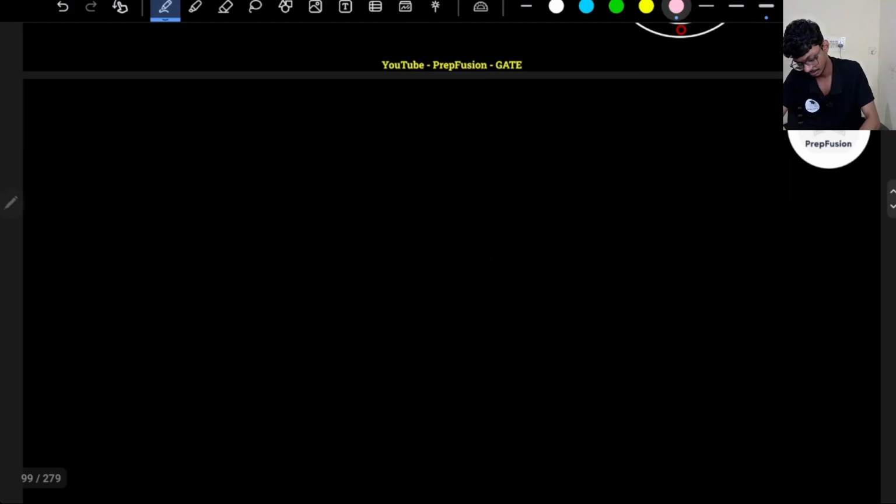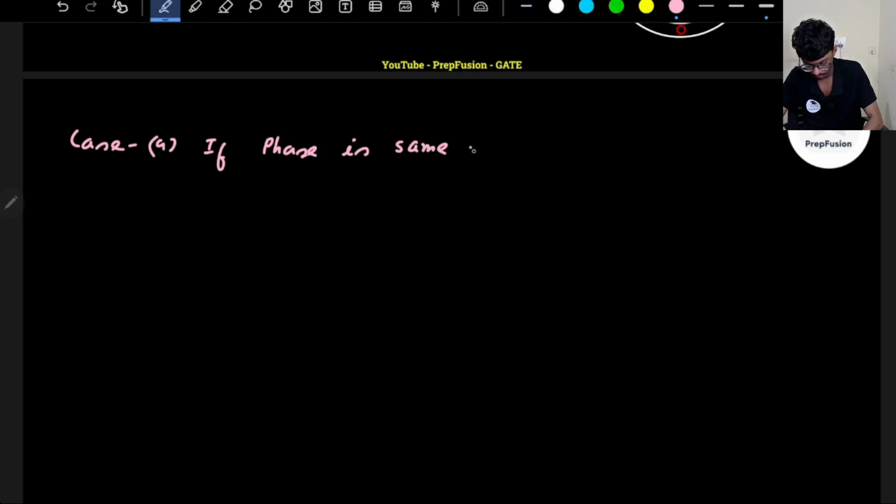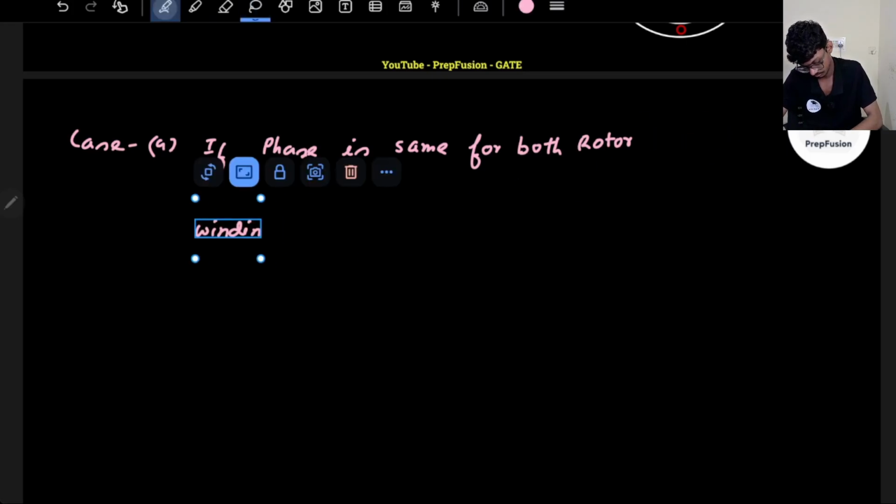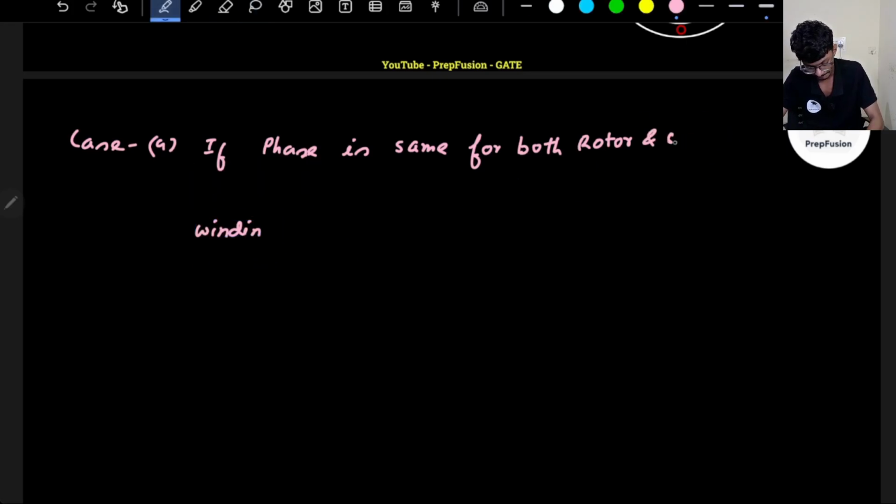Case A, out of this case 3, is: if the phase sequence is the same for both rotor windings and stator windings.